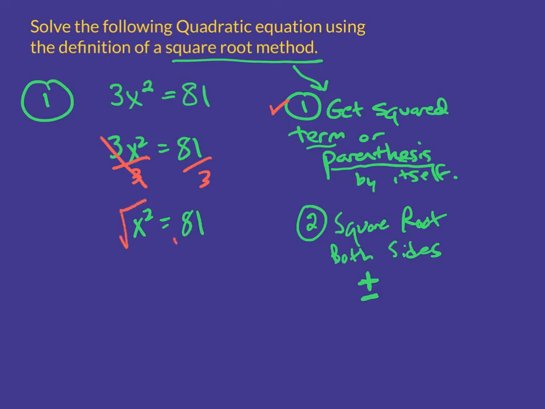So square root the left, square root the right. What the square root does is it cancels out the square. So we're square rooting a square. It's basically like adding 2 and then subtracting 2. So all we're left with is x equals plus or minus the square root of 81, which comes out nicely to just 9.